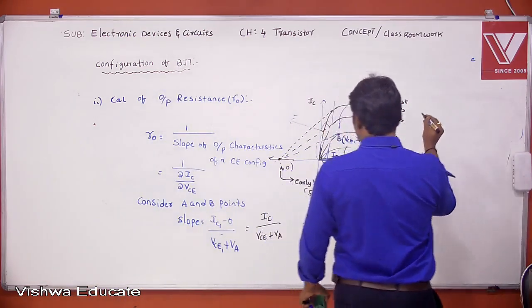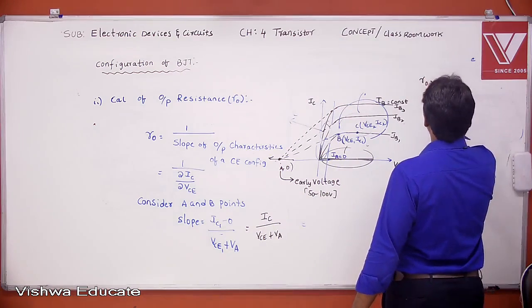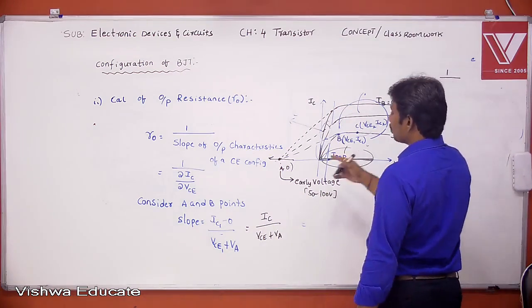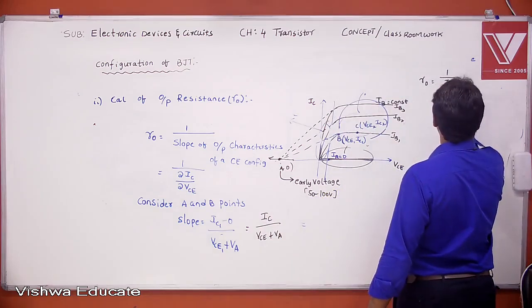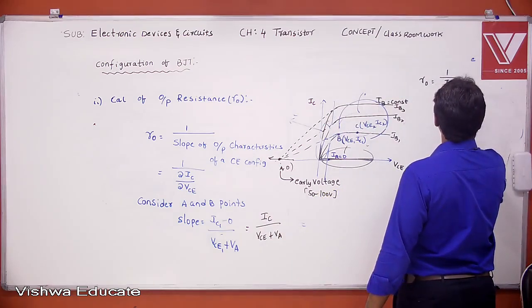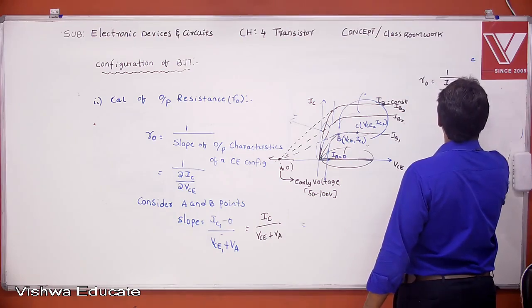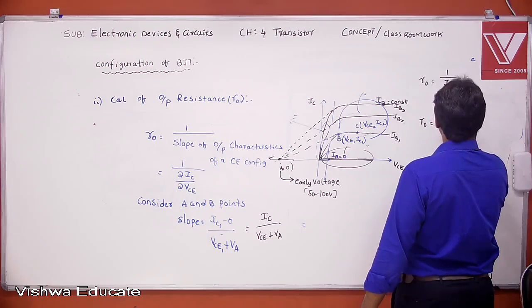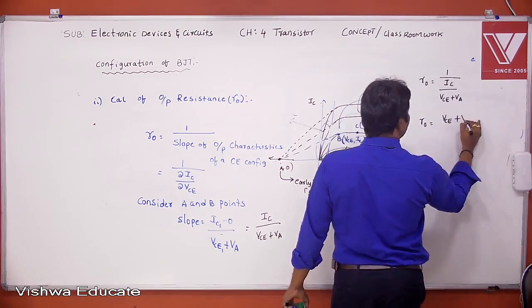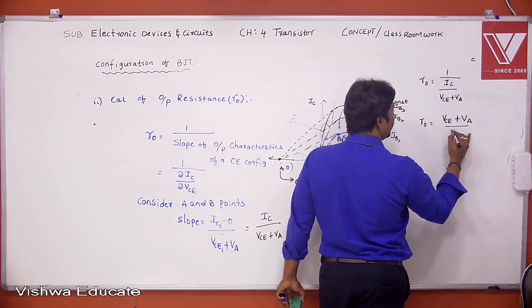Now see all of you. Now what is R0 here actually? R0 is the reciprocal of the slope of the output characteristics. What is the slope here actually? That is IC by VC plus VA. Okay. See, this can be written as R0 equal to VC plus VA by IC.